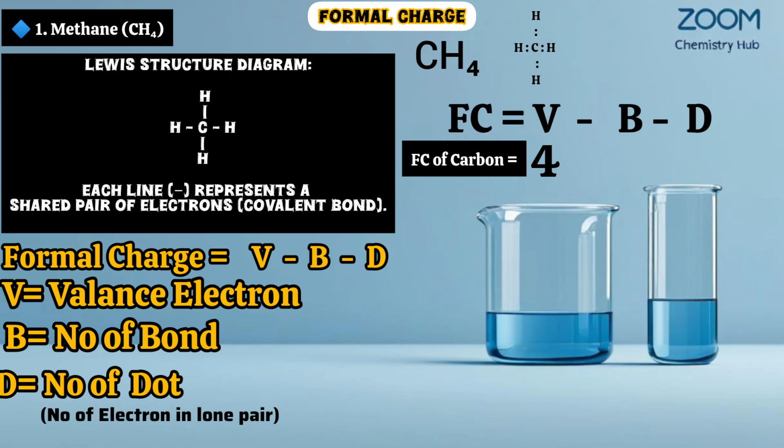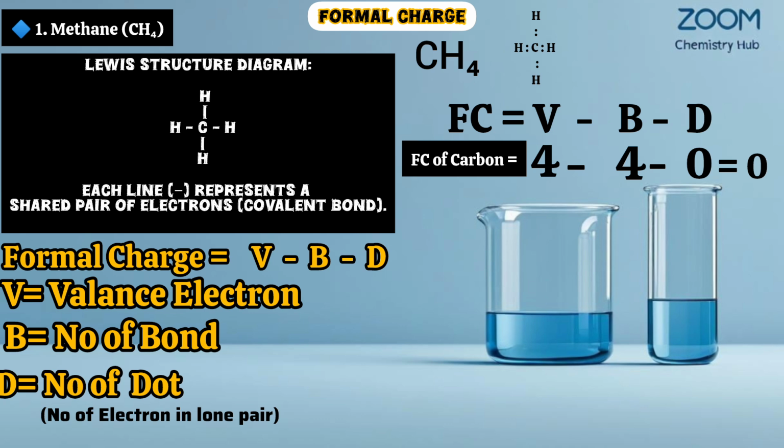So we will write 4 minus the number of electrons in the lone pair. There is no lone pair of electrons on the carbon atom, so here D is equal to 0. So the formal charge of carbon here will be 0.